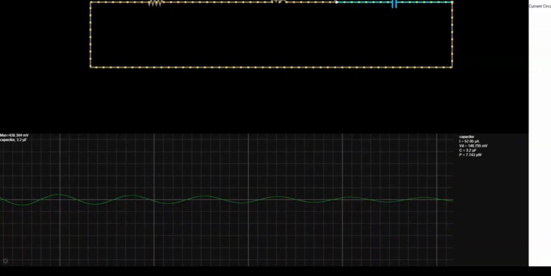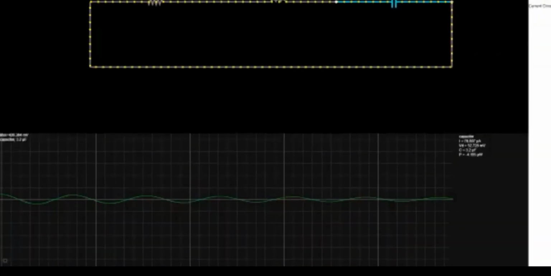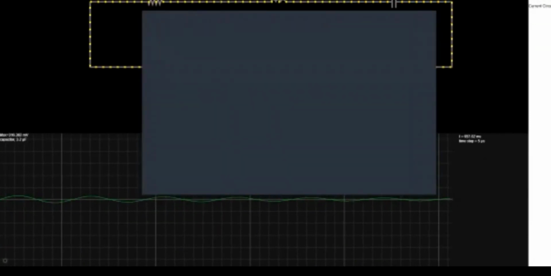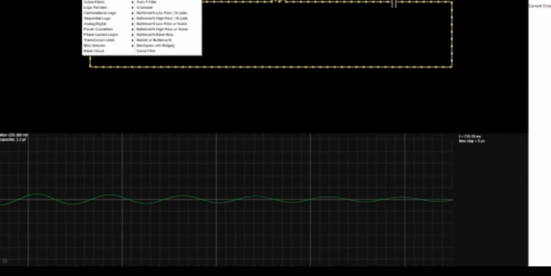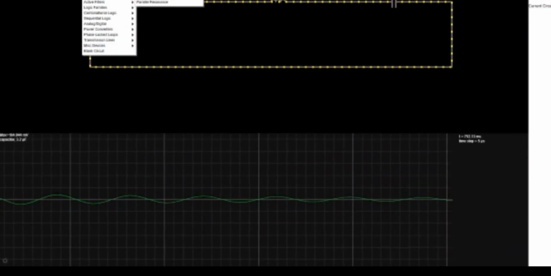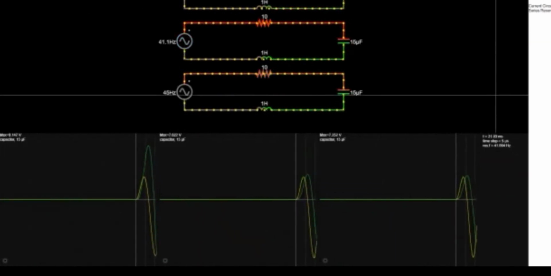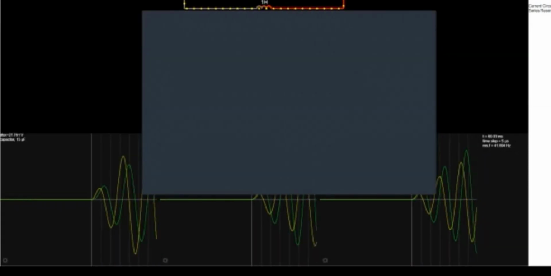Okay. All right, so if I go into Falstad, I'm going to pull up a circuit that they have stored. AC circuits, series resonance right here. Look at this. Here you're looking at basically the same circuit.